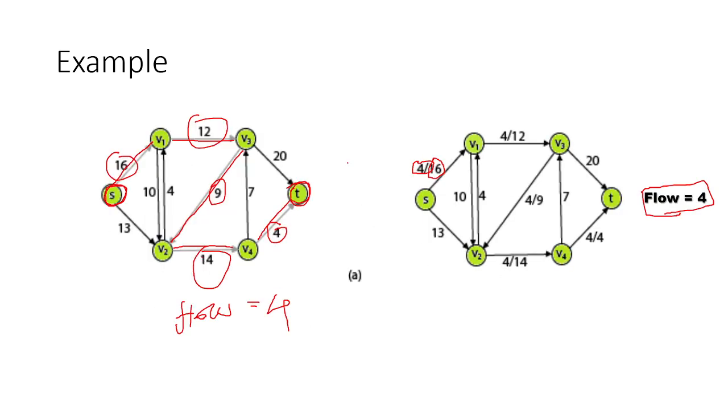For this, the residual capacity will be 12 minus 4, which is 8. 9 minus 4 is 5. This will be 10, and this will be 0, because 4 minus 4 equals 0.